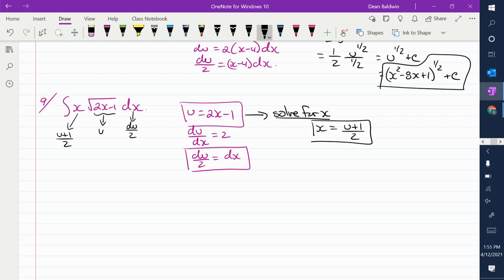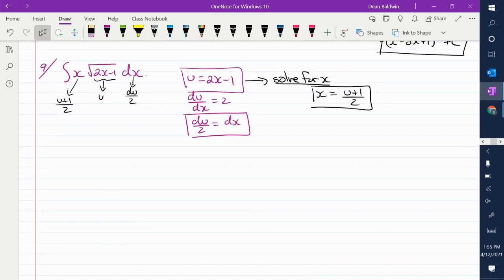But we got to rewrite it. We're going to have to do some algebra. So my integral now becomes, instead of x, I have u plus 1 over 2 times u to the power of a half times du over 2.